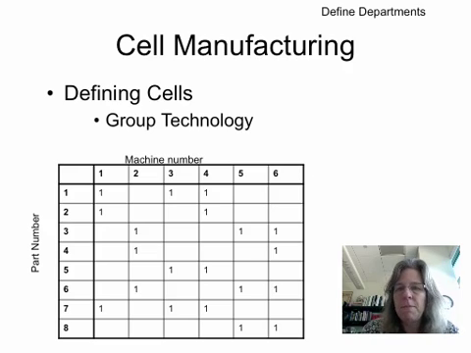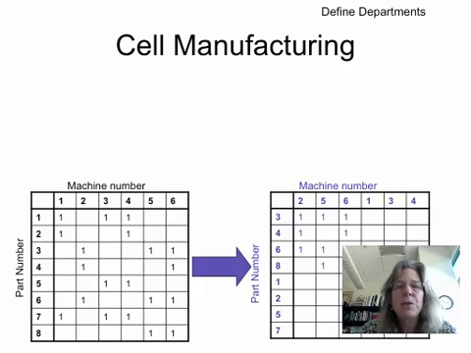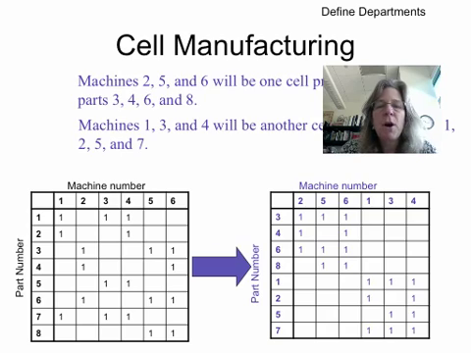We start with that matrix, and then we go through a concept called the direct clustering algorithm. This is in your book. I can't remember the page, but it's there. You'll also have access to these slides, so you'll be able to work through it. We take this parts-machine matrix, manipulate it using the direct clustering algorithm, I know I went through that quickly, but you can read it yourself, and it comes up with a grouping.